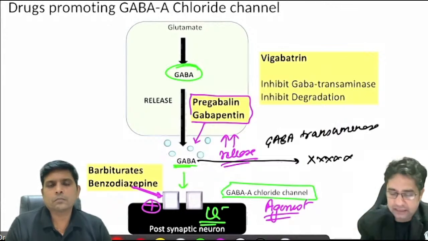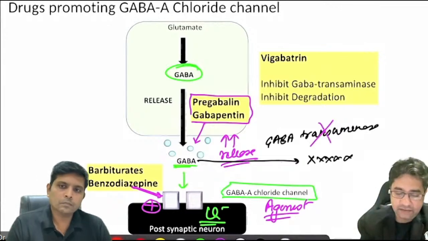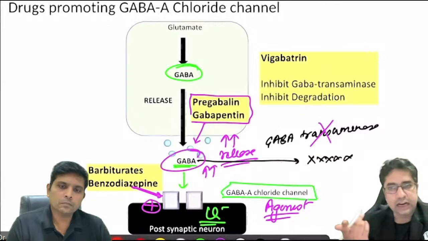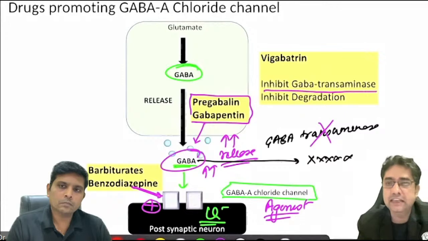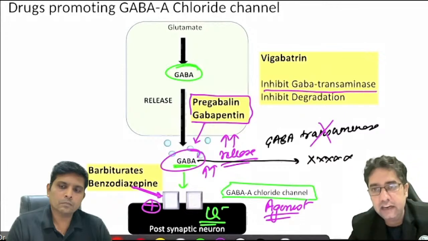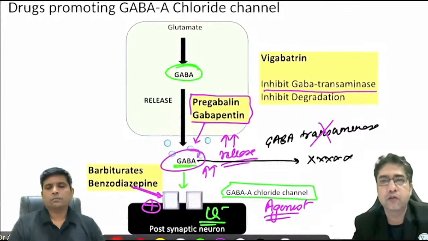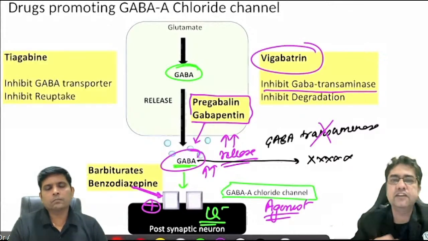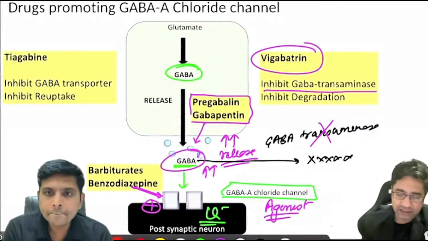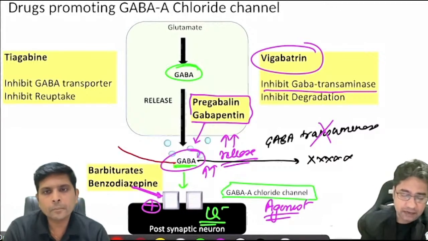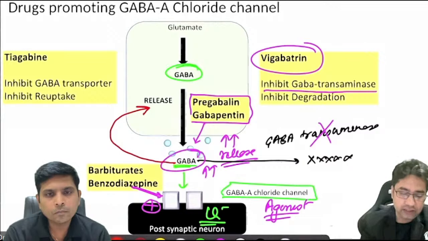So if we inhibit this enzyme GABA transaminase, can we increase the level of GABA? The answer is yes. Vigabatrin inhibits GABA transaminase. It inhibits the degradation of GABA. Hence, the GABA level will increase, which will open this chloride channel. And the last drug which acts on GABA is, remember, when this GABA is released, this GABA can be removed back with the help of a mechanism known as reuptake.